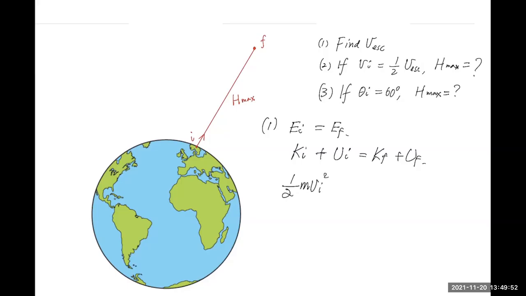Okay, U initial is the potential energy of the object right on the surface of the Earth. Now the potential energy of an object in the Earth's gravitational field equals negative big G times the mass of the Earth times the mass of the object divided by the distance between the object and the center of the Earth, and then plus a constant.